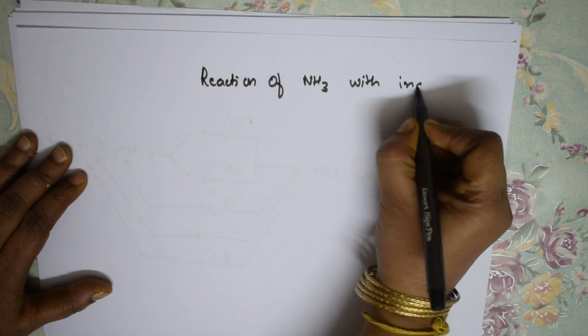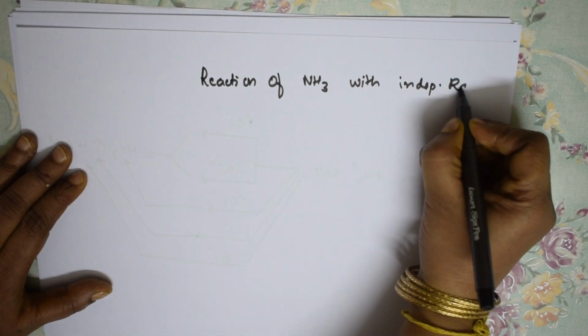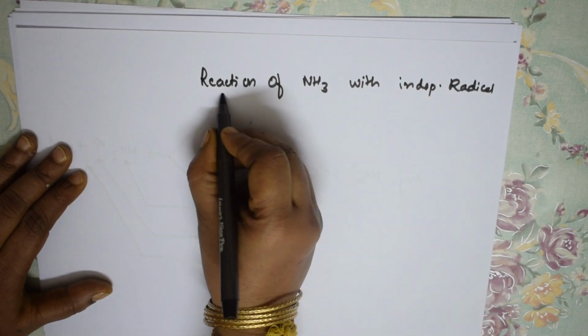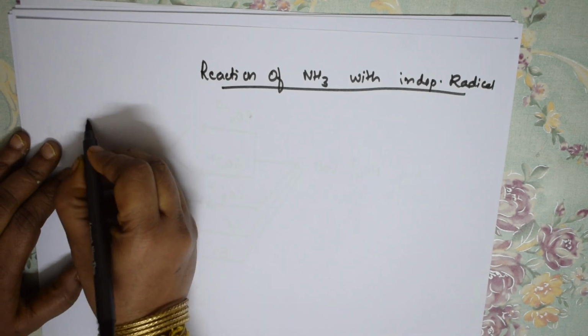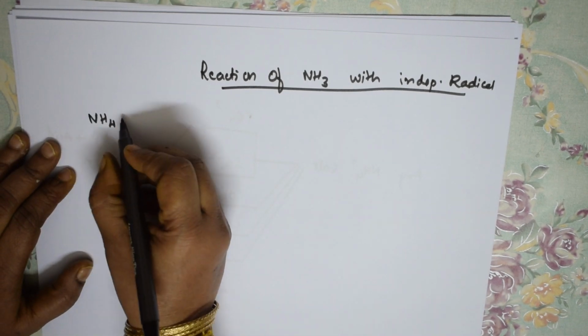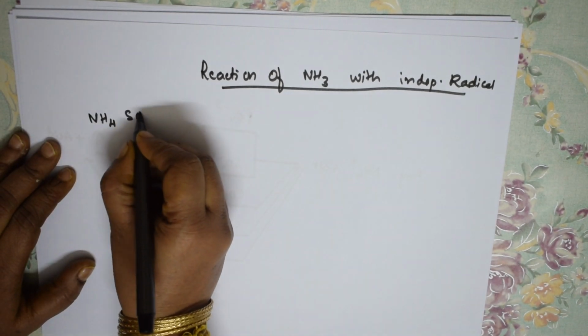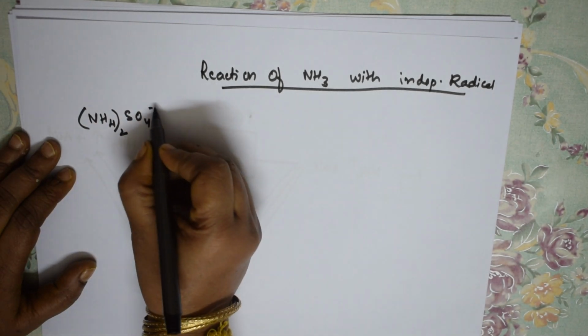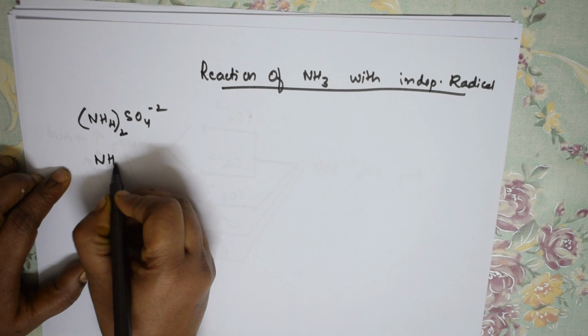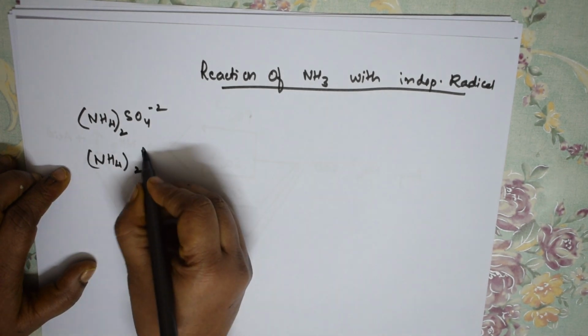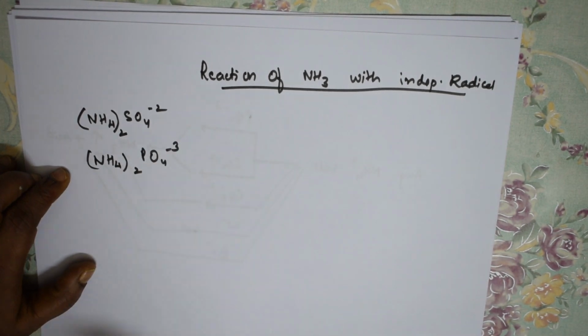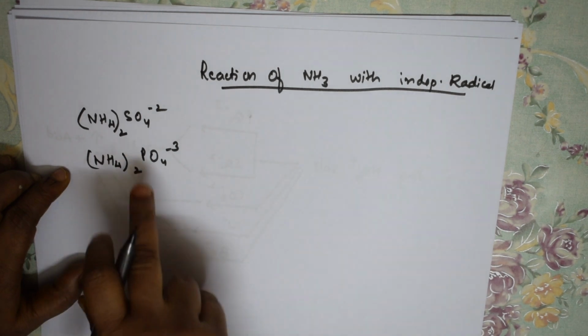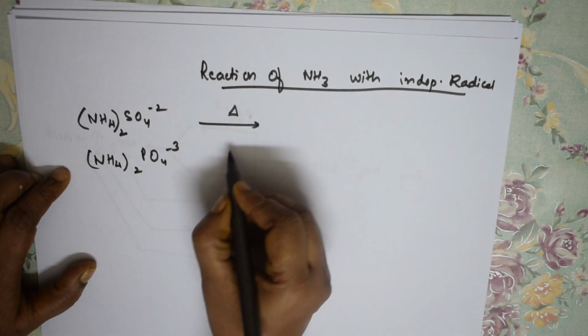Independent radical means what did we say? Just now we said sulfates, phosphates, correct? Now I am going to take ammonium sulfate. In ammonium sulfate, sulfate valency is 2, so I am writing SO4. I am going to take ammonium phosphate, correct? Charge valency. If I am heating, what do I get?